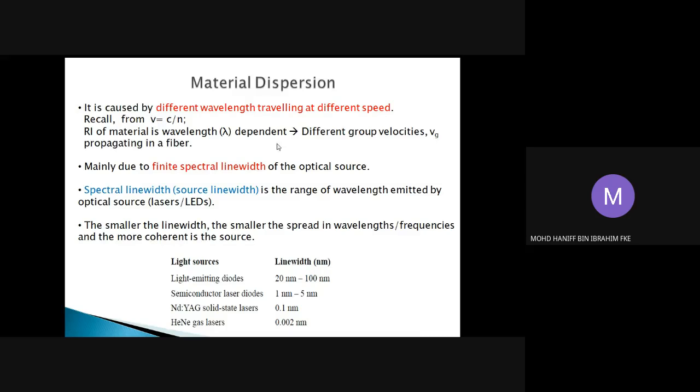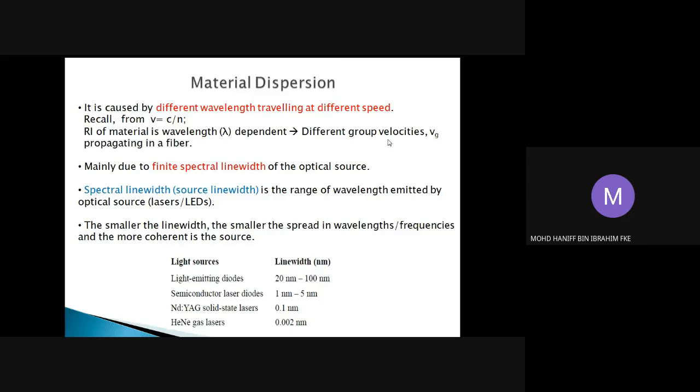These velocities are the group velocities that we learned in lecture 6, part 1. I hope that you can still recall the difference between the phase velocities, Vp, and the group velocities, Vg.